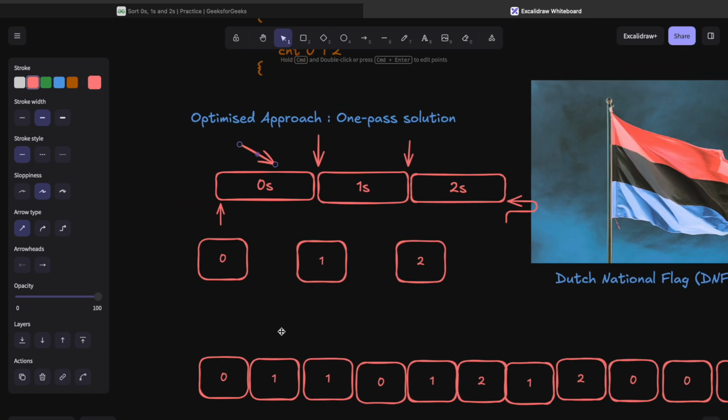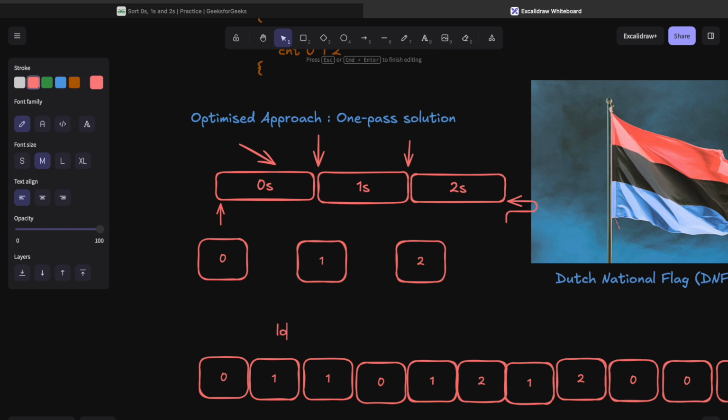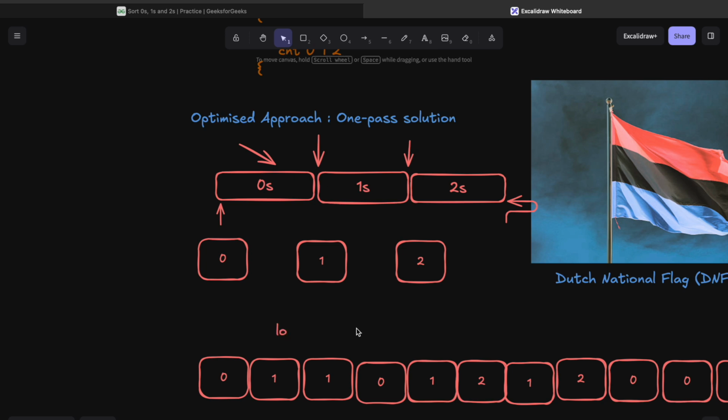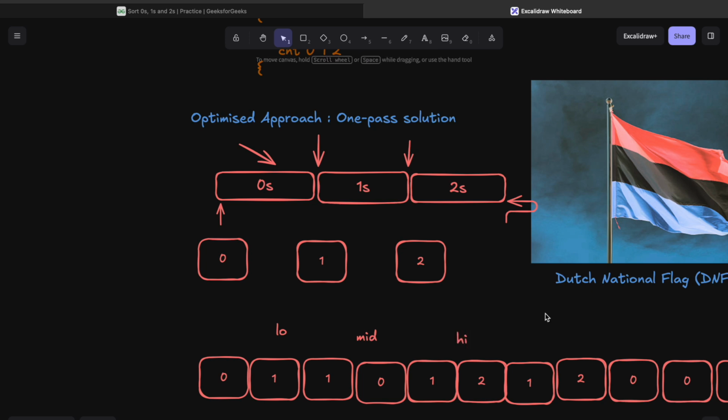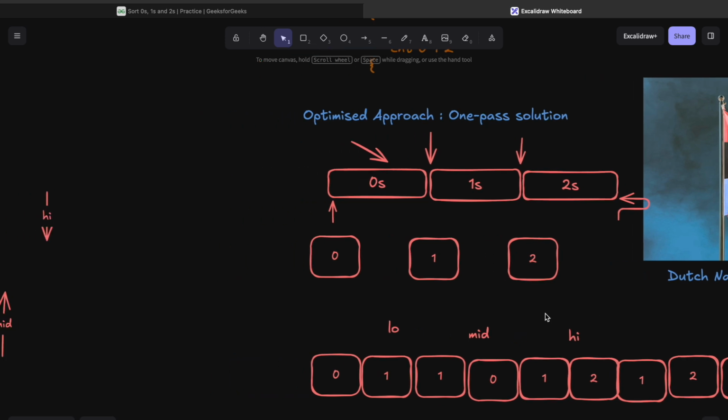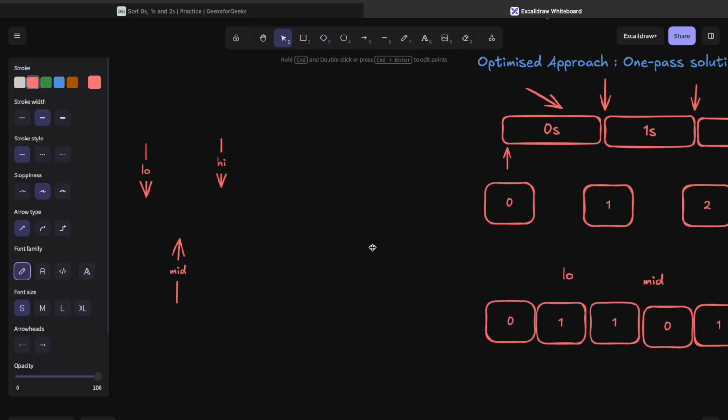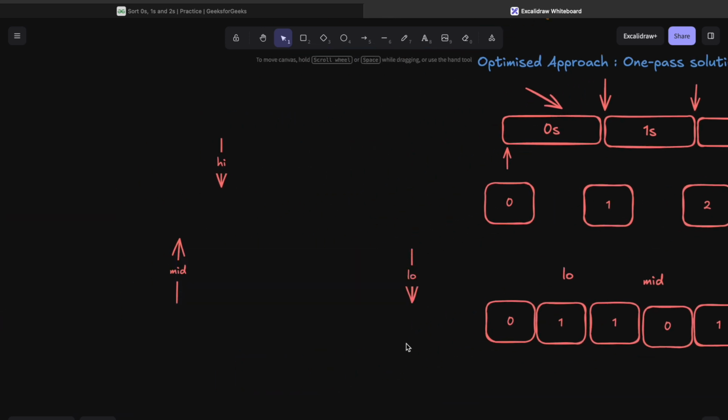So what we can do is, for maintaining zeros, we can use a pointer. Let's call it low. For maintaining the ones, I can maintain a pointer called mid, and for maintaining the twos, I can maintain a pointer called high, right? So I have made these three pointers.